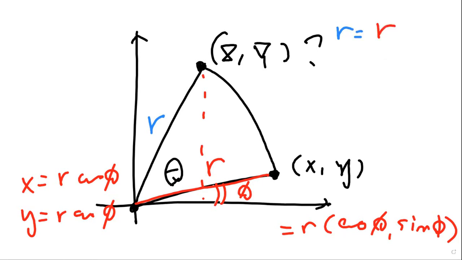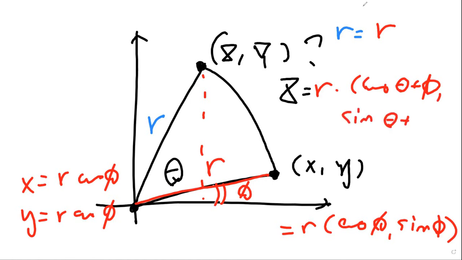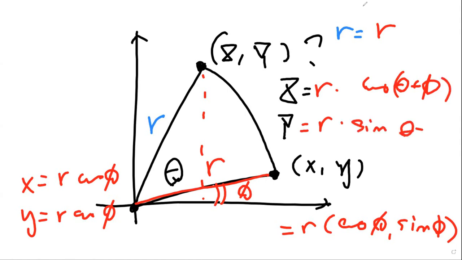So your big X will be equal to the red R times cosine of theta plus phi, and your big Y will become R times sine of theta plus phi. That's it. You finish your rotation.